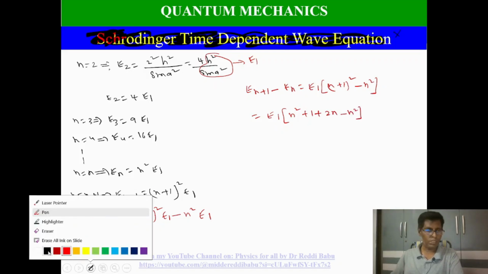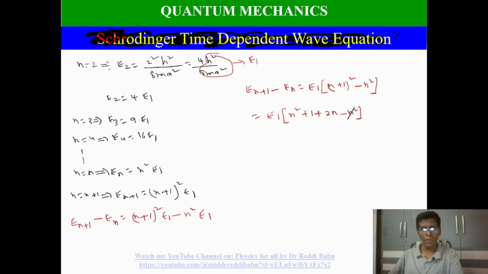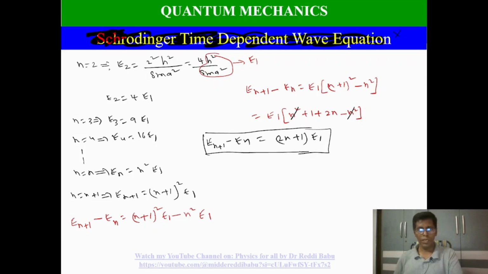Now in this expression, plus n square minus n square will cancel, and what I will get here is (2n+1) into E1. This is the energy difference, that is E(n+1) minus E(n). Energy difference between the two levels is of the form (2n+1) into E1.